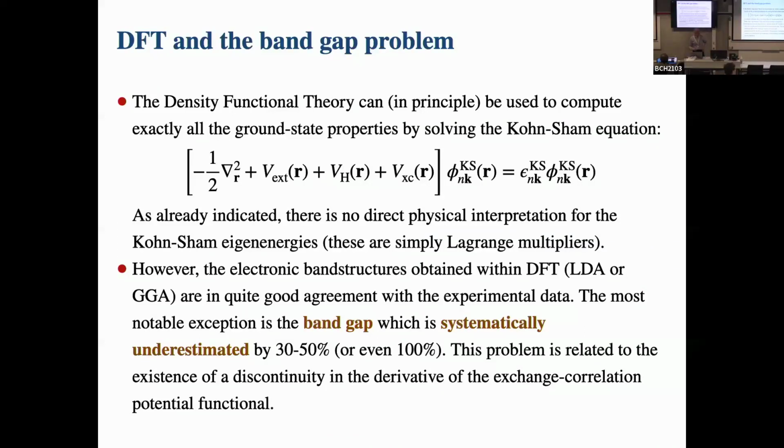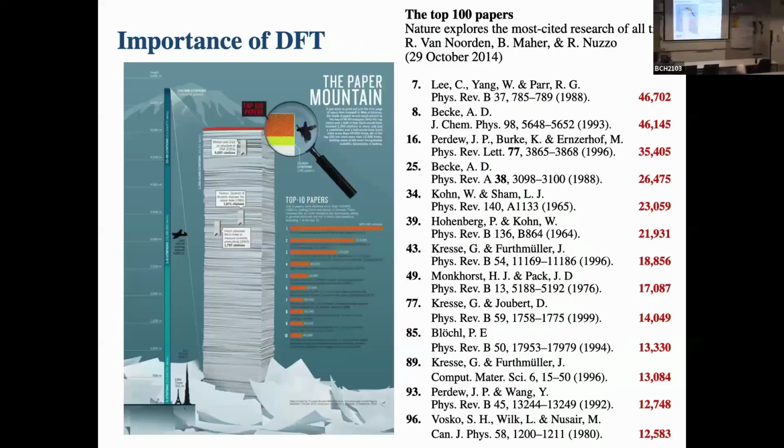But there should be one in the top 10, no? In the top 10, yeah, 7 and 8. Okay. And that's the B3LYP functional, but there was one about the functional. It was a really, really high citation. Are they the first 10? Yeah, from 2014.